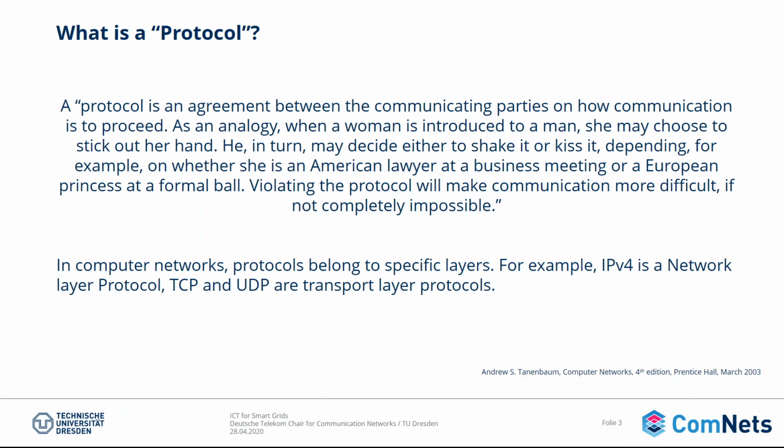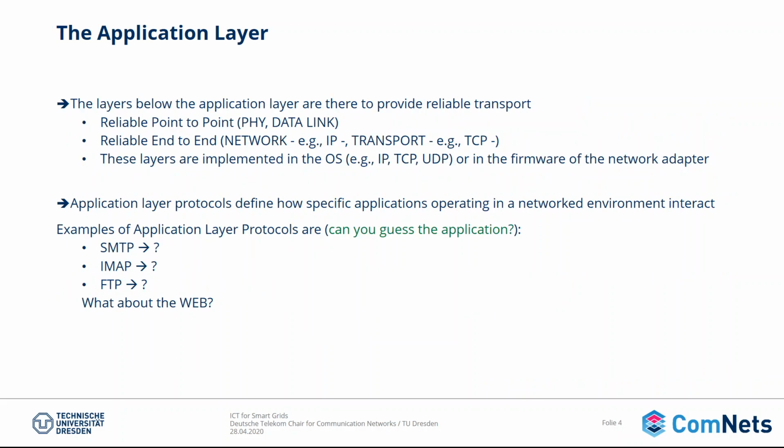We said that the network layer handles more the network topology and the IP addresses, so the address of the recipient, while the transport layer handles the package level data and the port numbers, for example.